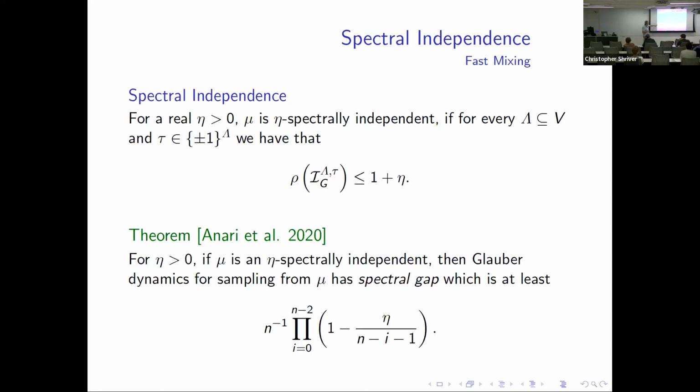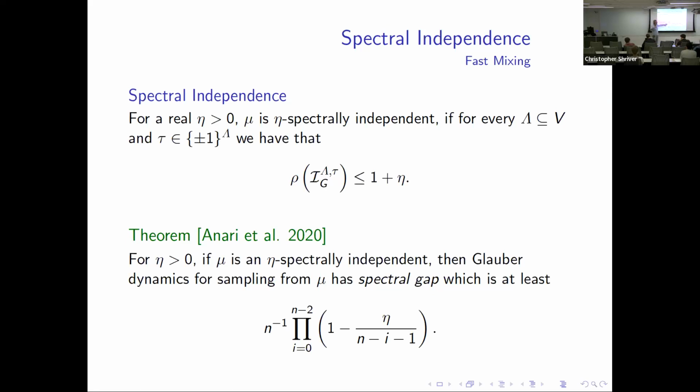Now we have this celebrated result by Anari et al., which says that if your measure mu is eta-spectrally independent, then the corresponding Glauber dynamics for sampling from mu has spectral gap at least this quantity here. If you do the calculations and translate from spectral gap to mixing time, this roughly implies mixing time n to the eta plus 1.